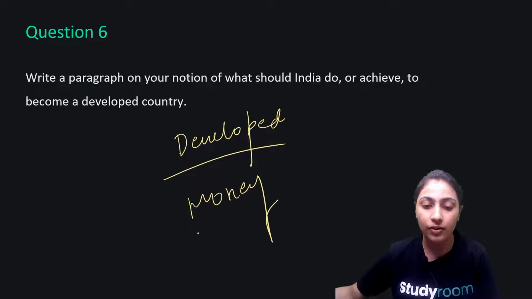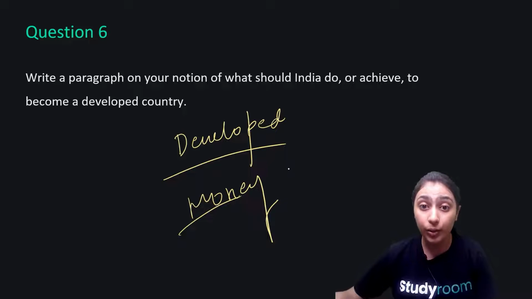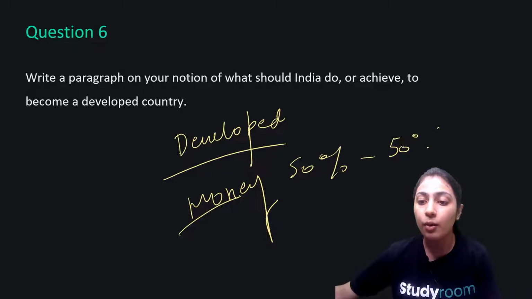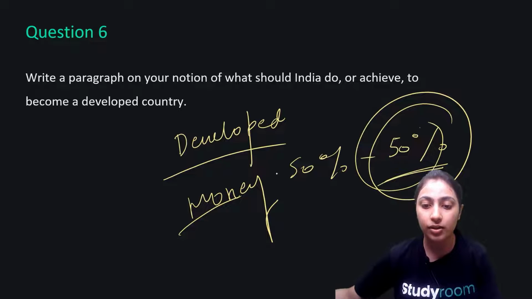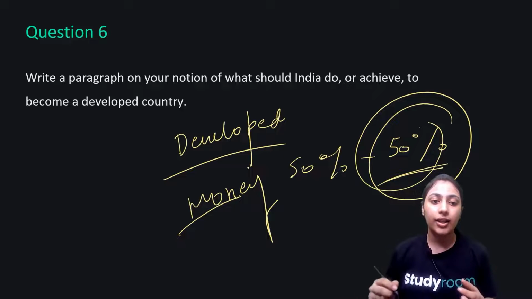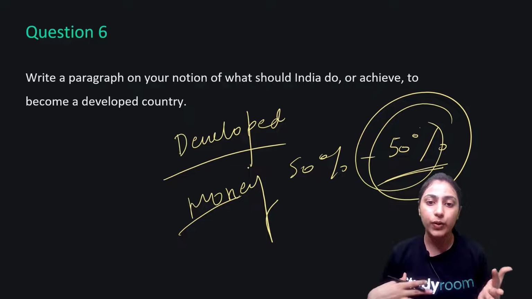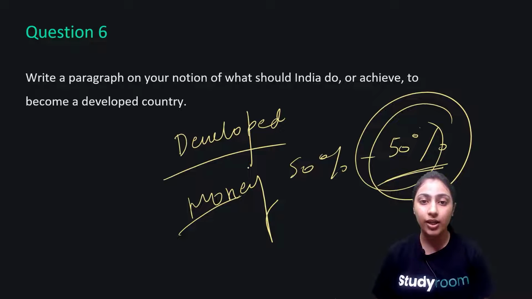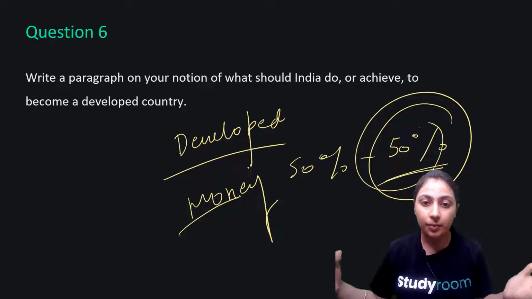Money is not always the answer to all problems. Maybe 50% it can be, but we are still left with the things that we need and that are important to us. So they are asking us to write in our own words what should be considered when we say India is a developed country.